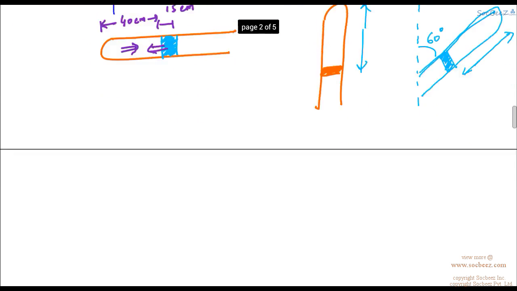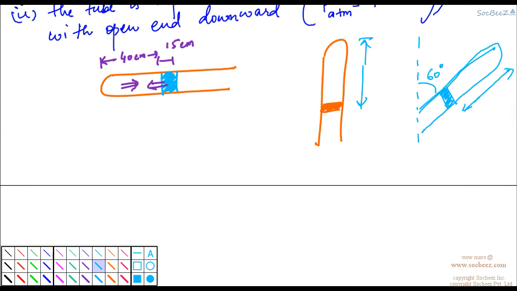Okay. So let's suppose the cross section of the test tube is A. Now let x be the length of the Hg column. Let P1 and P2 be the pressures in the two situations.